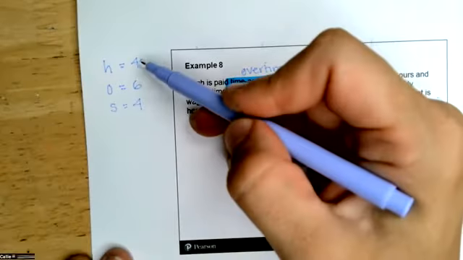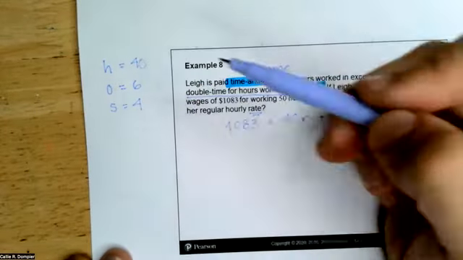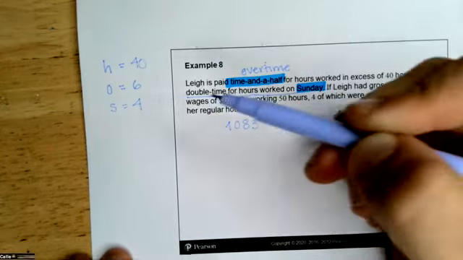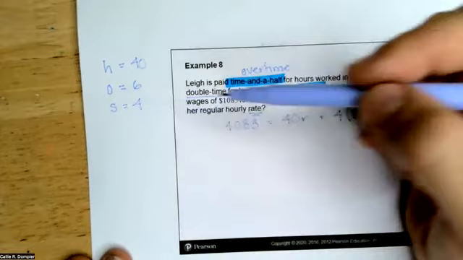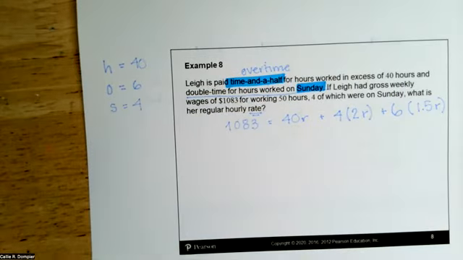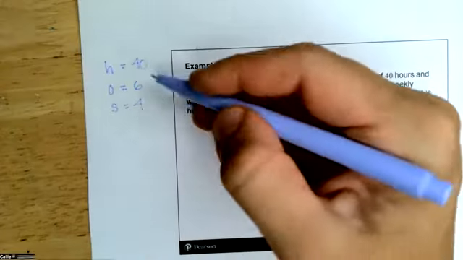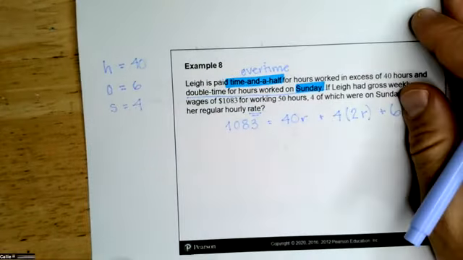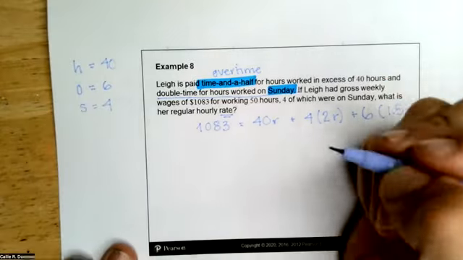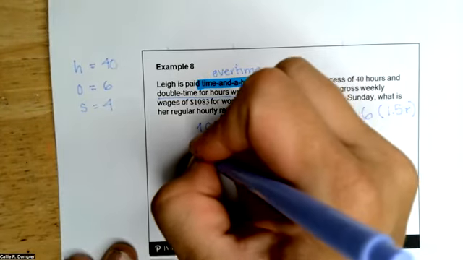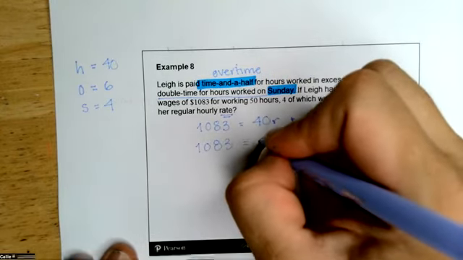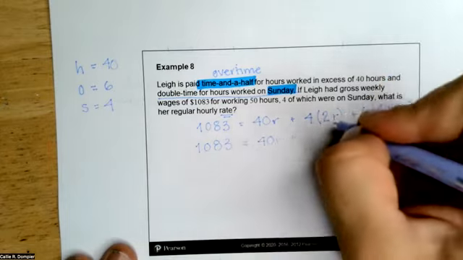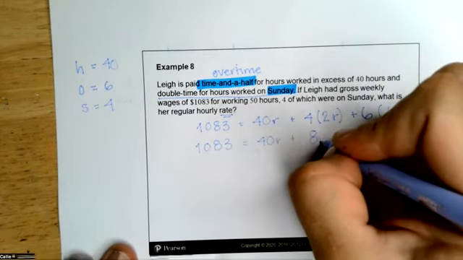Okay, so first I decided, okay, 40 hours at regular pay, 6 hours at time and a half pay, and 4 hours at 2 times her pay. I did it all in one variable of rate, even though we had many different variables to think about, right? Okay, now we can just combine this. 1083 is 40R plus 4 times 2 is 8R, right?